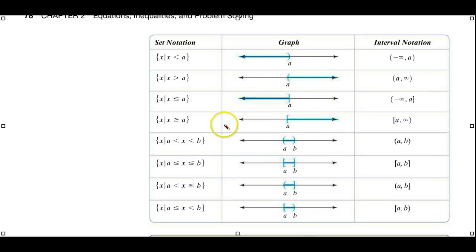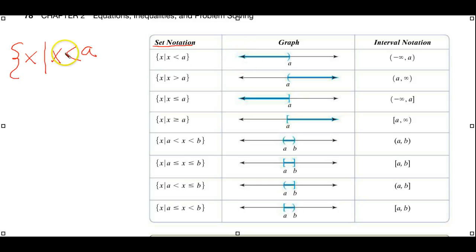Now in your textbook, they give you this summary. This is what we call set builder notation, where you have a brace: x such that x is less than a. So you put a on the number line, and since it's less than that and not including it, you use the parenthesis, and it goes off to the left.